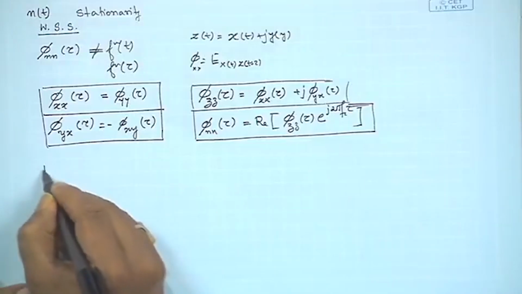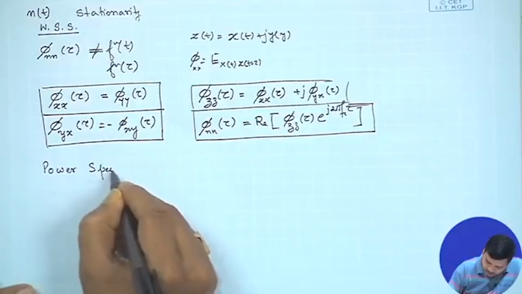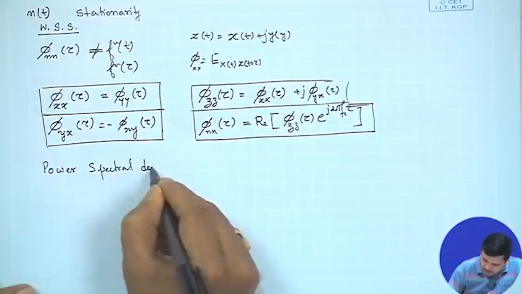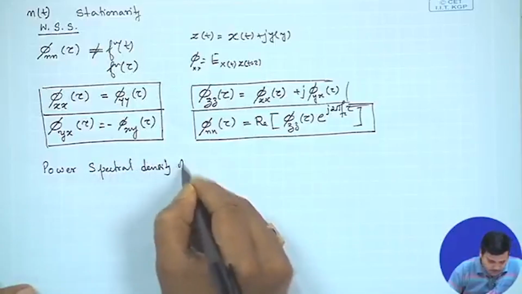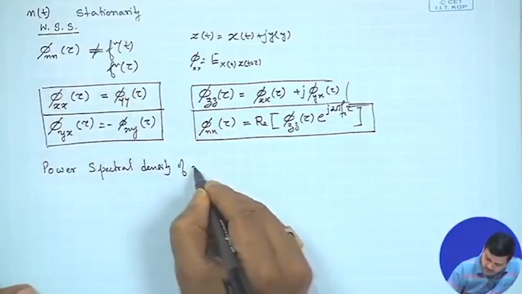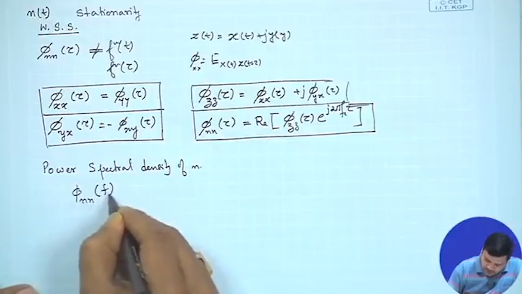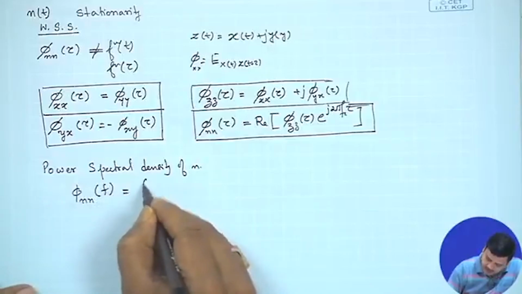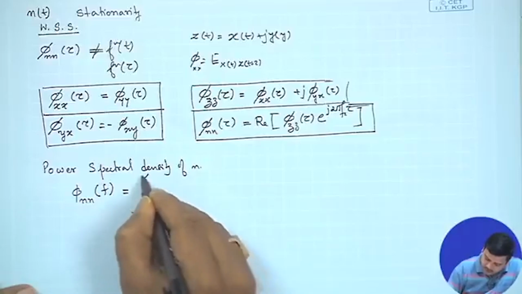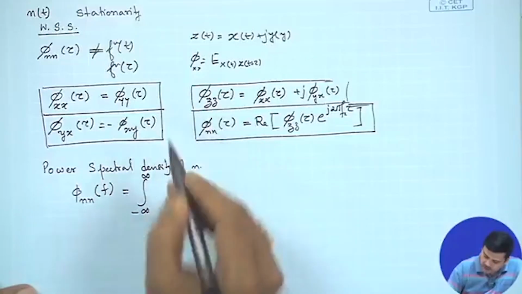So what we will be studying is the power spectral density of this noise n(t). We will be getting φ_nn(f) through the Fourier transform of φ_nn(τ).